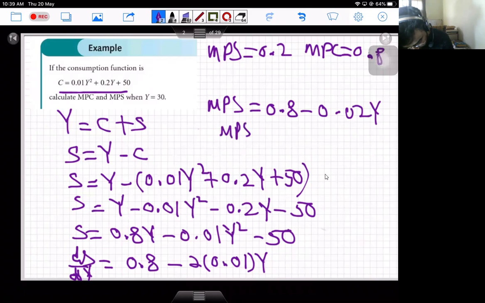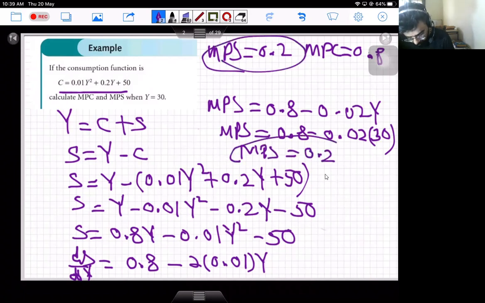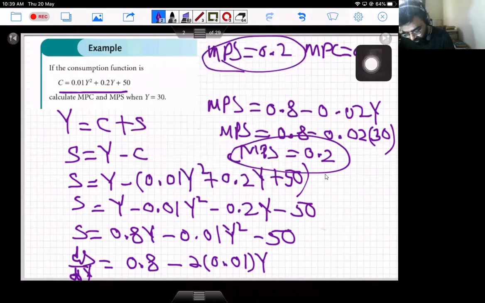So MPS is equal to 0.8 minus 0.02 times 30, and your MPS value is equal to the same one we found earlier, 0.2. MPS is equal to 0.2, and since MPS plus MPC is equal to 1, MPC will be equal to 0.8.